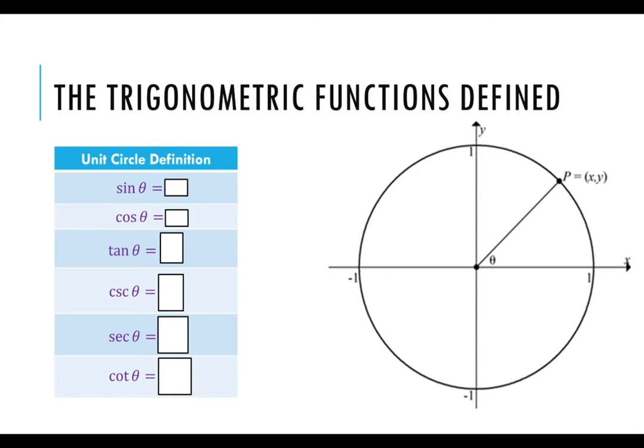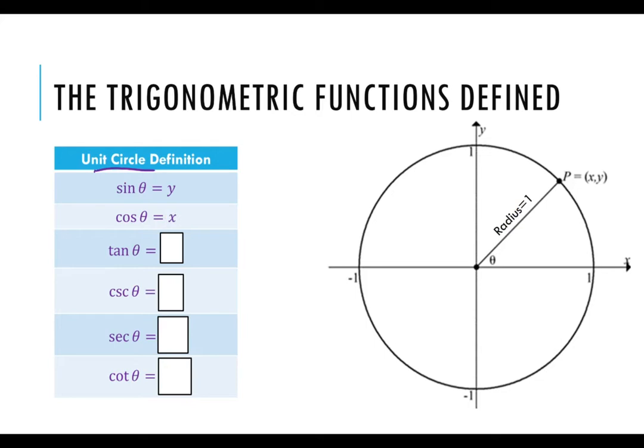Now that we have the shorthand notation, let's actually define them. Remember that the unit circle has a radius of 1, so I'm going to get these definitions specifically for the unit circle. Sine of theta is going to equal the y-coordinate of that point. Cosine of theta is equal to the x-coordinate of that point.